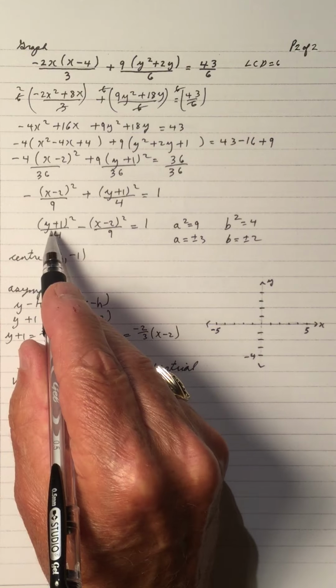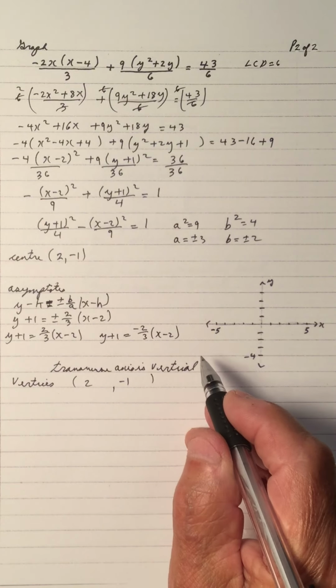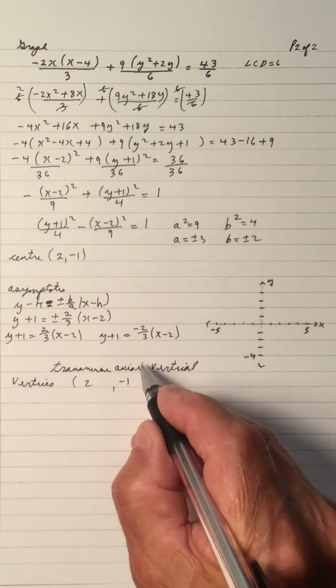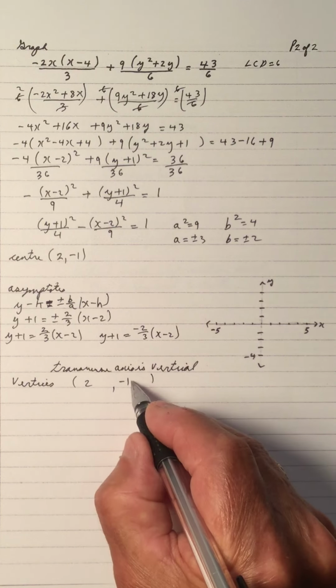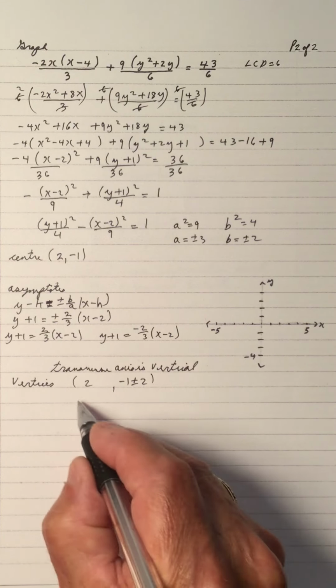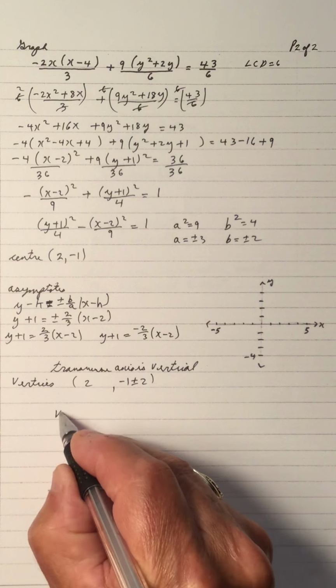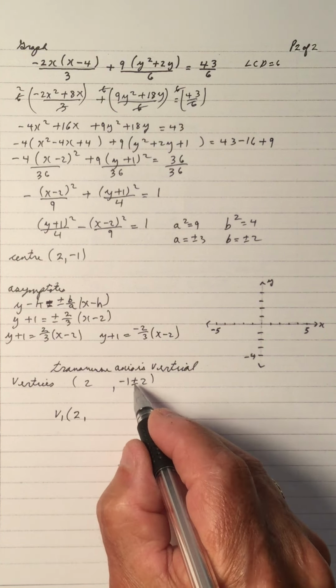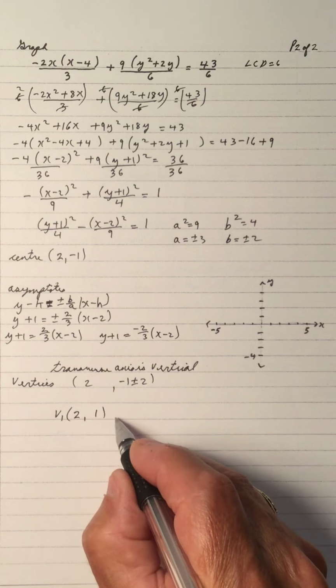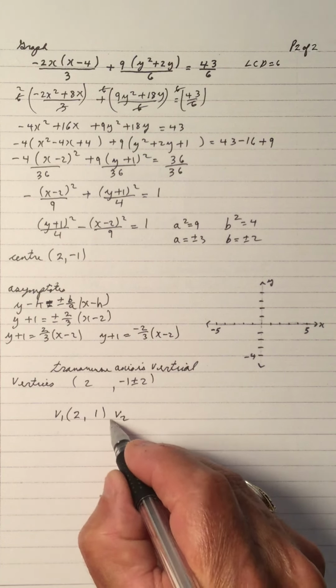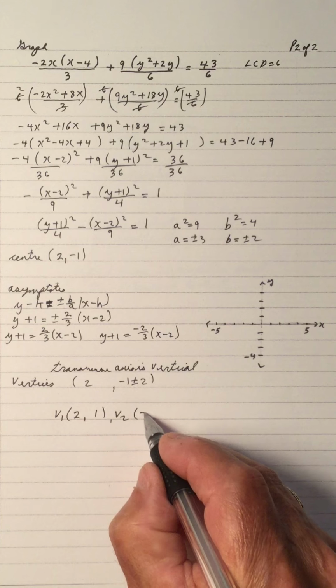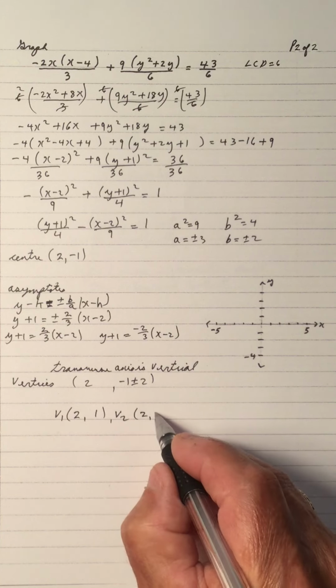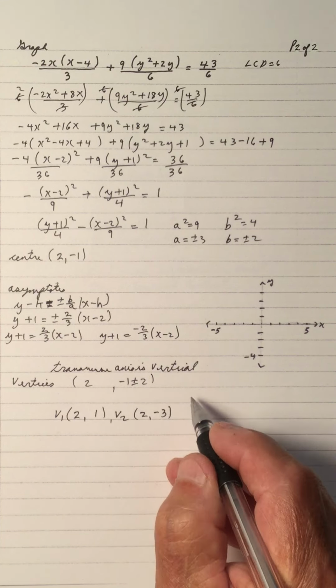Transverse axis is vertical because the y is positive. That means we're adding to the y value, so we're adding the b, so it's a plus or minus 2. So vertex 1 is 2, negative 1 plus 2 is 1, vertex 2 is 2, negative 1 minus 2 is negative 3.